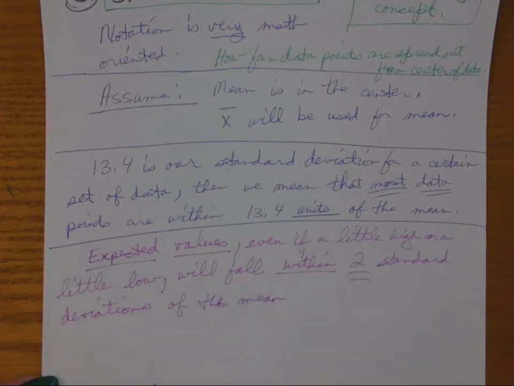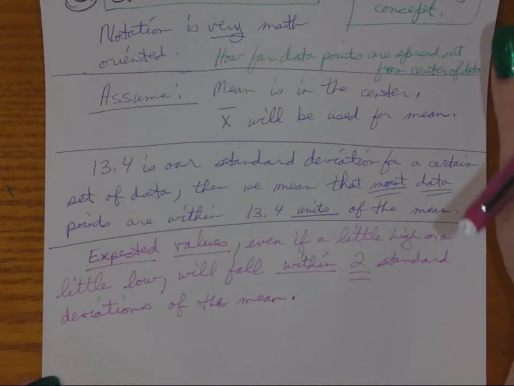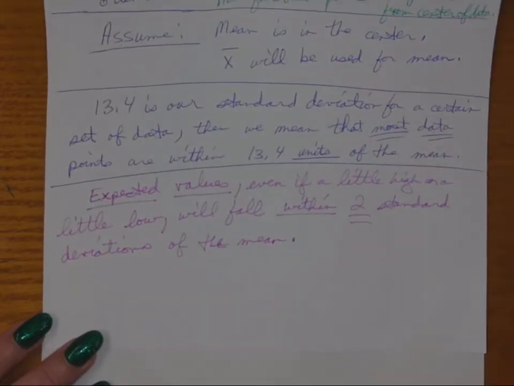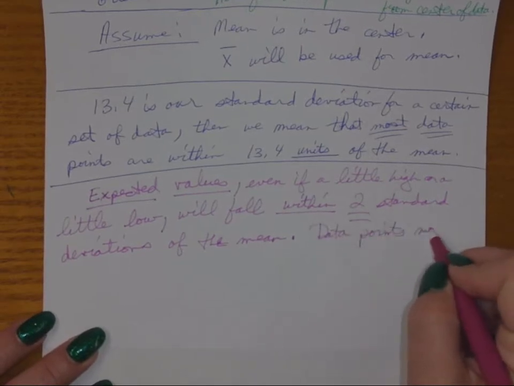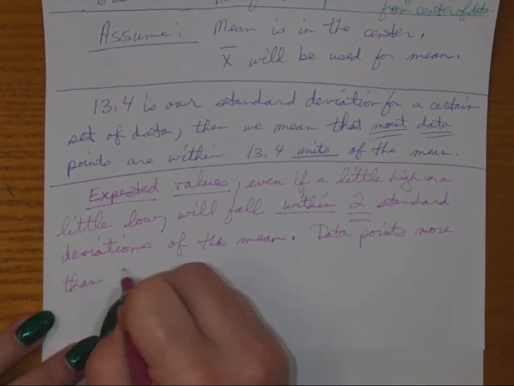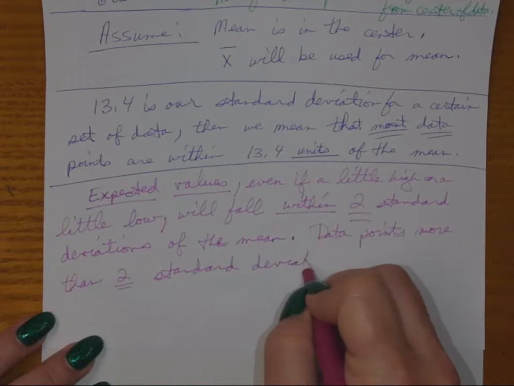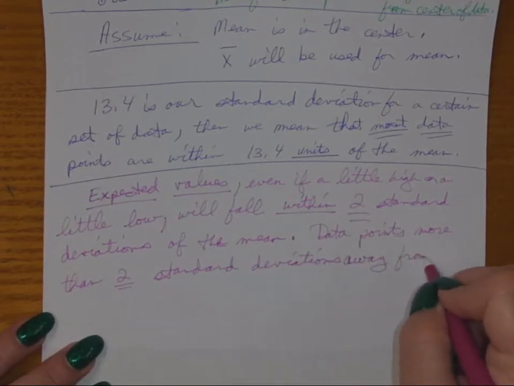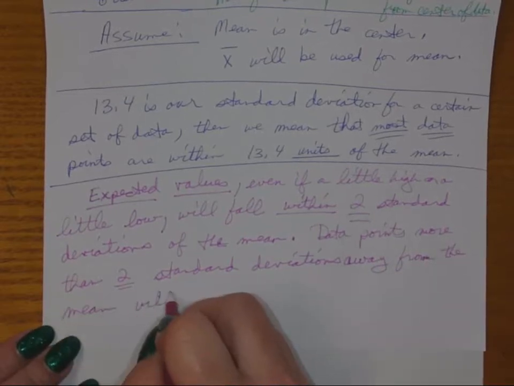Within 2, and that's going to be important for us. For our purposes in this class, now different classes, different books may look at it a little bit differently, data points that are more than 2 standard deviations away from the mean will be outliers.